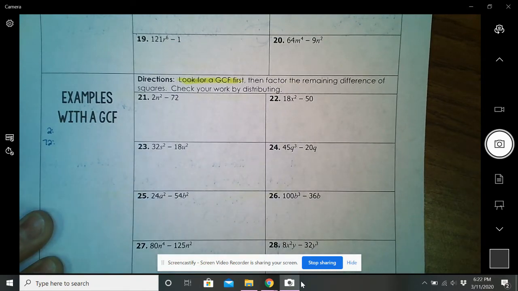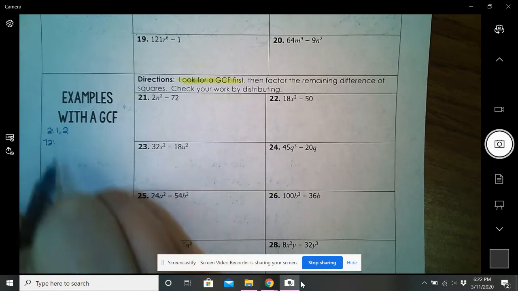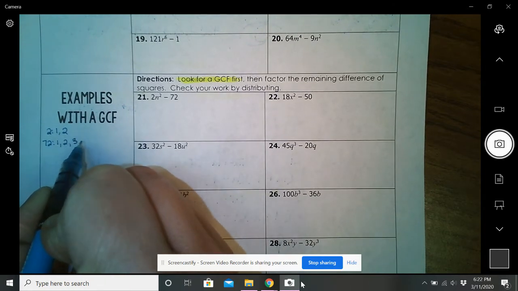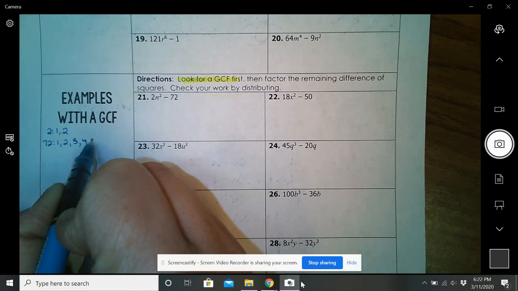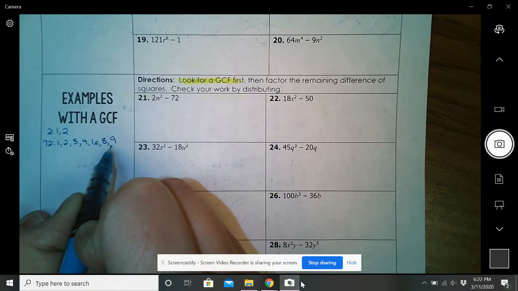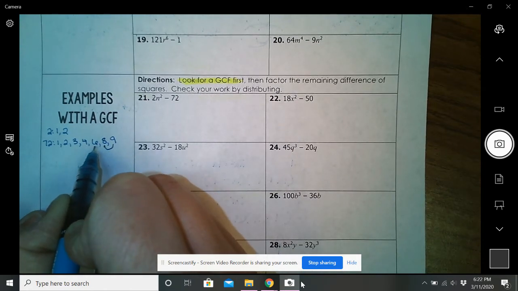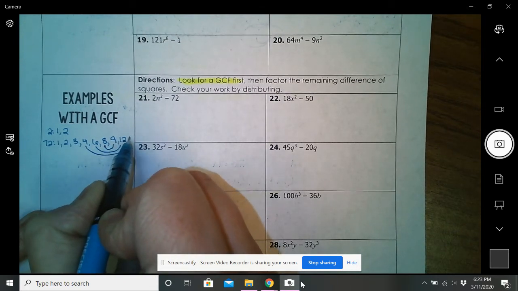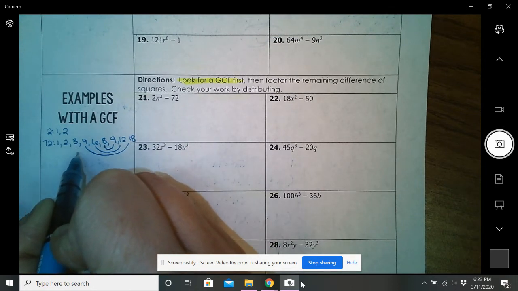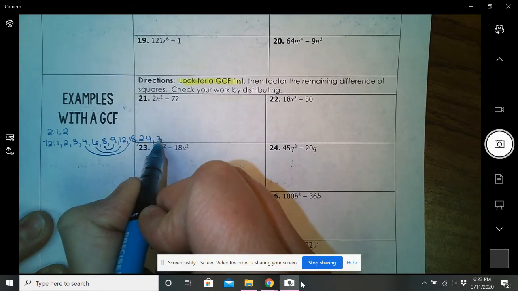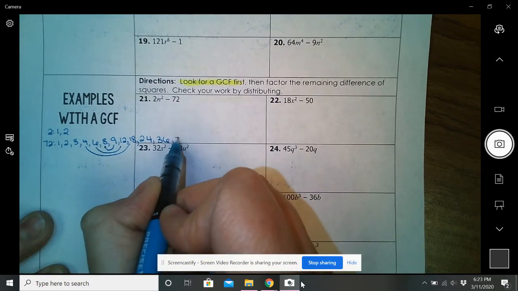Well, this should be a pretty quick one because 2 can only be divided by 1 and 2. 72 can be divided by a ton of things, and I'm going to speed through that. It can be divided by 1, 2, 3, 4, not 5, can be divided by 6, not 7, can be divided by 8, can be divided by 9, and the way I know that is 8 times 9 is 72, 6 times 12 is 72, 4 times 18 is 72, 3 times 24 is 72, 2 times 36 is 72, and 1 times 72 is 72.